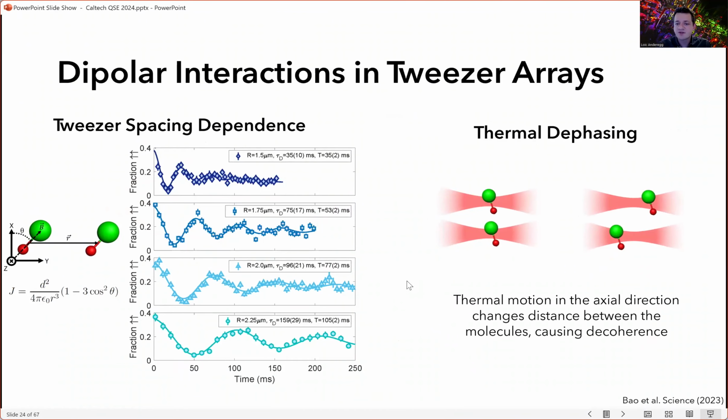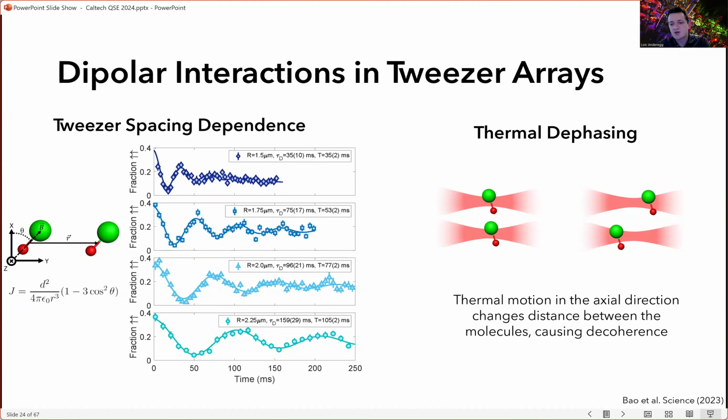The reason for this has to do with the fact that the molecules still have some finite temperature. This means the molecules can move around in the axial direction of these tweezer traps, and this changes the relative distance between the neighboring molecules as a function of time. This is what causes this dephasing.